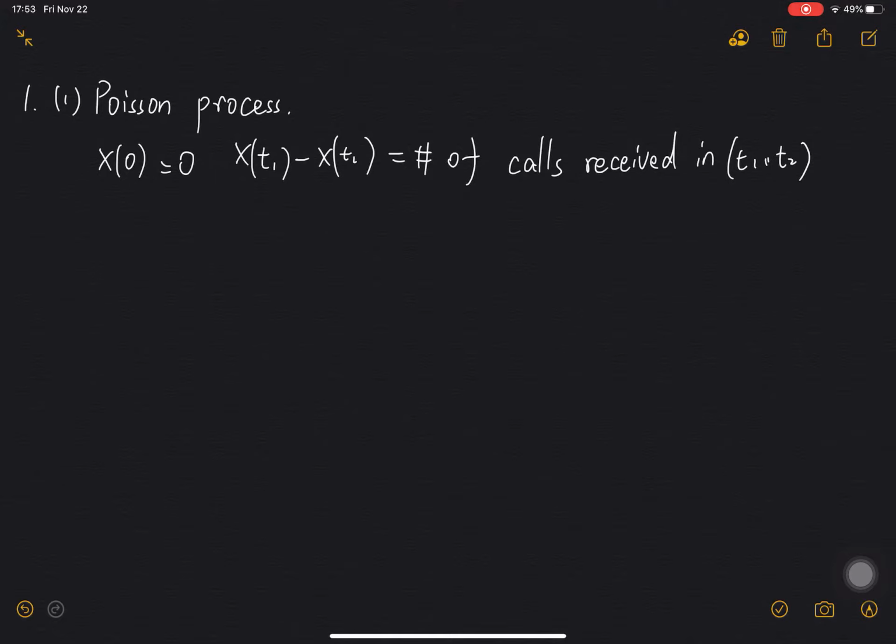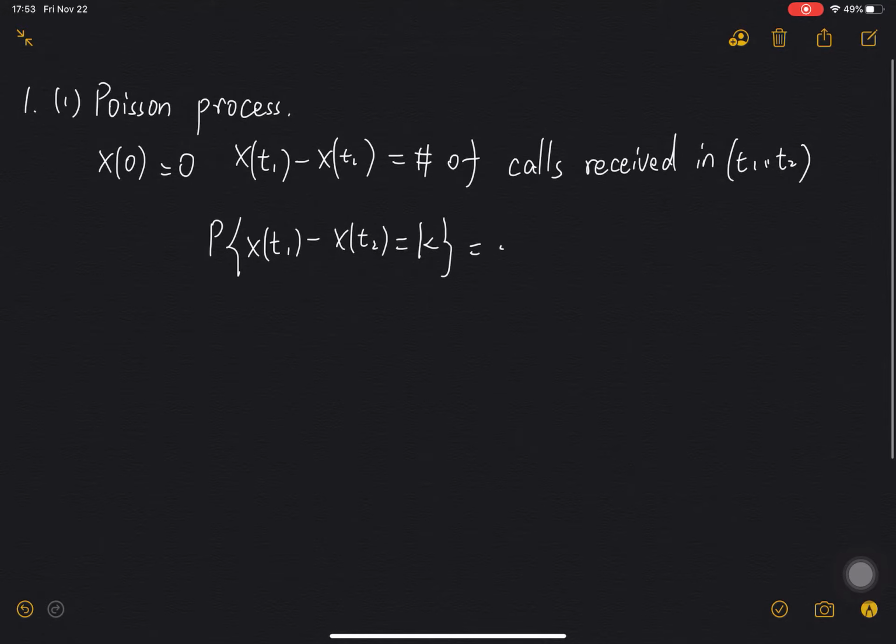The probability or density function of this, X(t1) minus X(t2) equals k, where k is the calls received in t1 and t2, equals e to the minus lambda (t1 minus t2), to the power k.